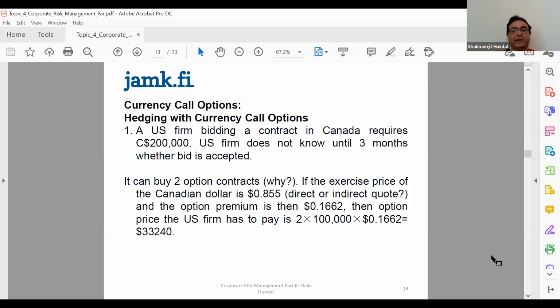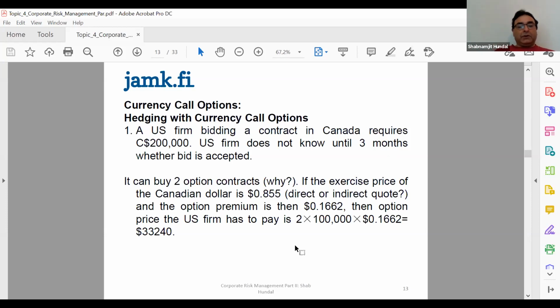And listen to this example very carefully. There is a US company which is planning to bid. So you are a company based in the US and you are planning to buy a company. And if you are successful in buying this company, you would be needing 200,000 Canadian dollars.